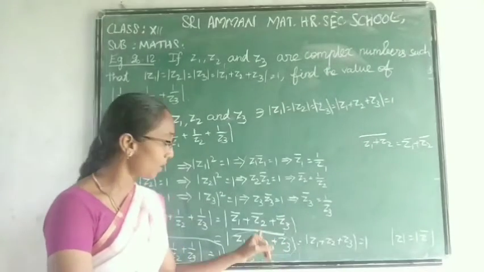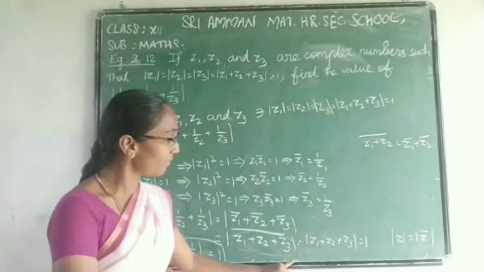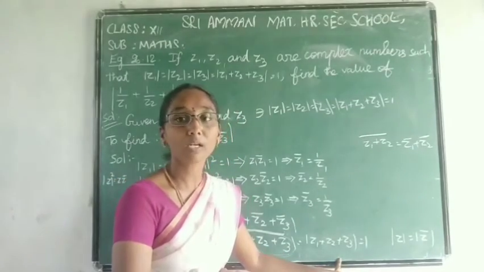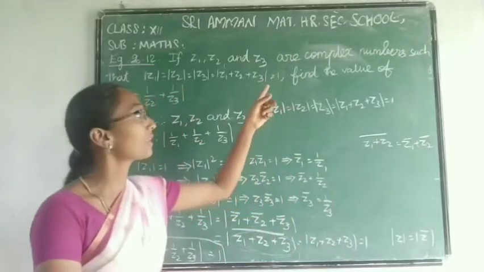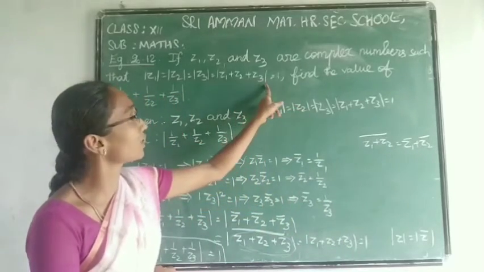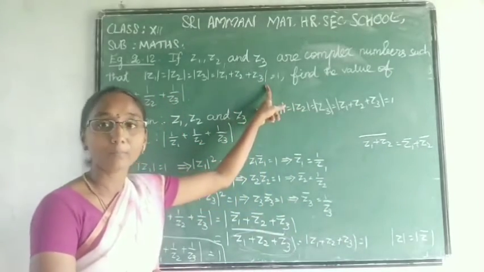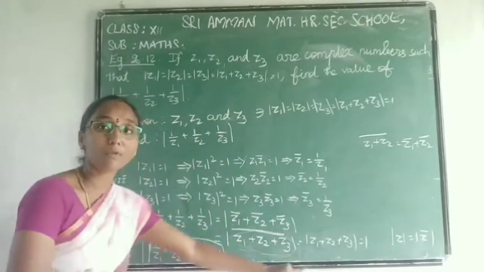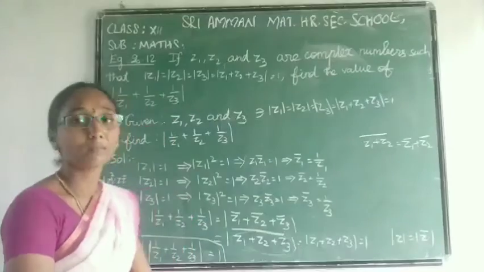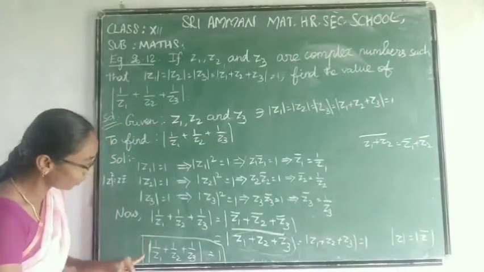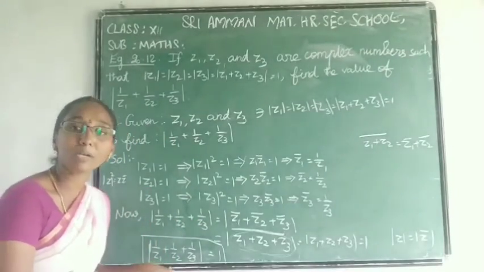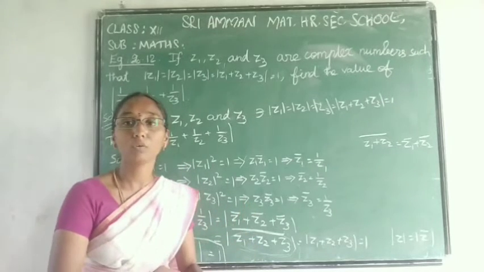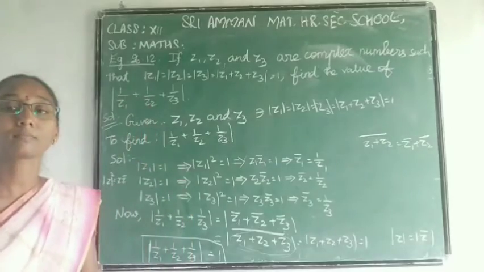You take the bar and then the modulus, and we get the same value: modulus of Z1 plus Z2 plus Z3. It is already given that modulus of Z1 plus Z2 plus Z3 equals 1. So substituting the value 1, we find modulus of 1 by Z1 plus 1 by Z2 plus 1 by Z3 equals 1. Do you understand?